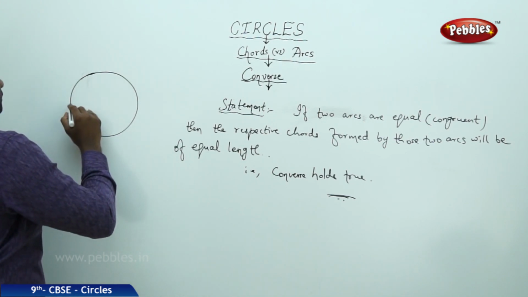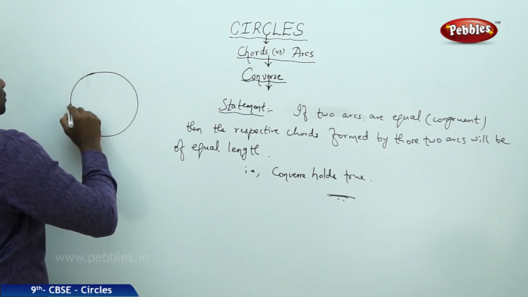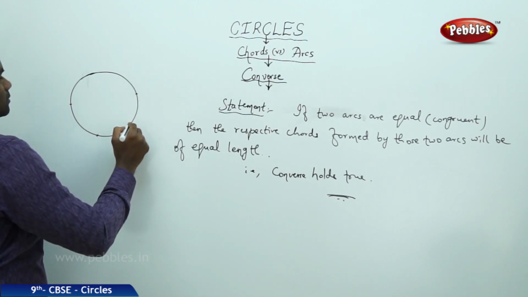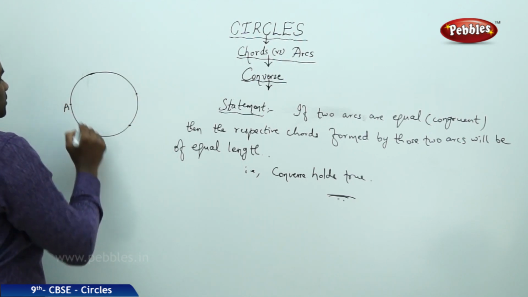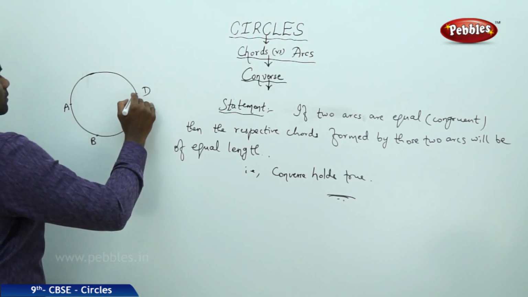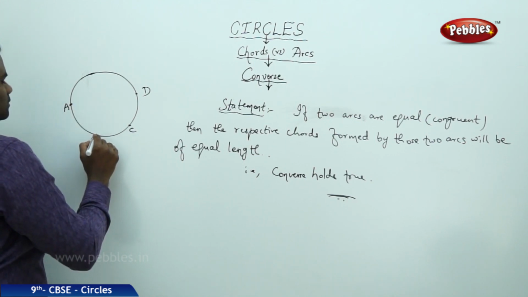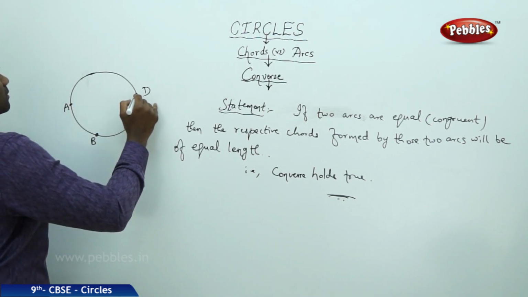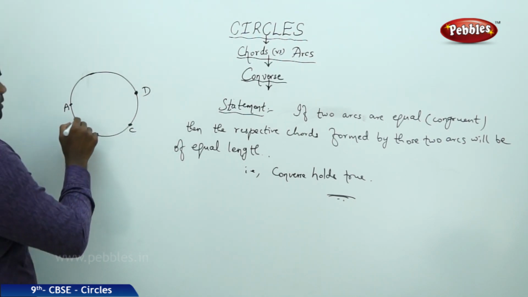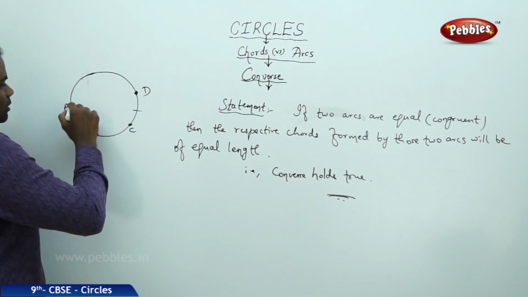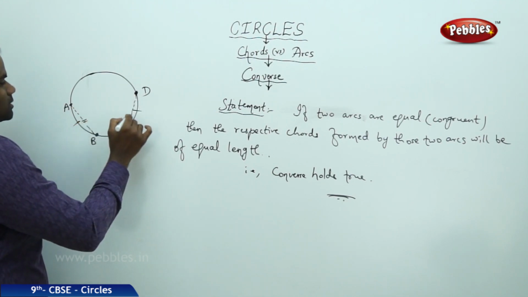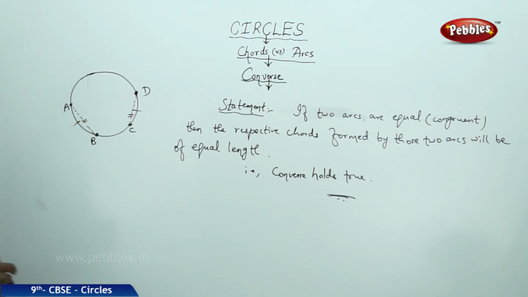if I have two arcs, say AB and CD, which are equal in length, that is this arc equals this, then the chord formed by AB and the chord formed by CD must be equal, is what the property says.